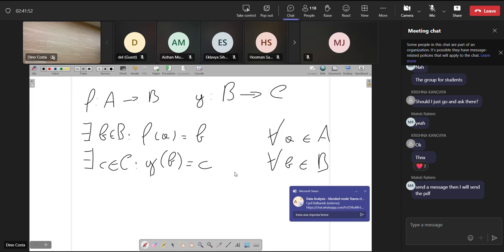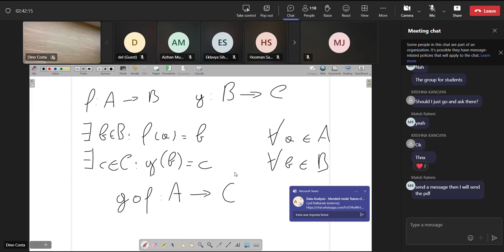Now, what we can do is to consider a new function, and here we use this big dot notation. This new function goes from A directly to C. This is the composition of the two functions.